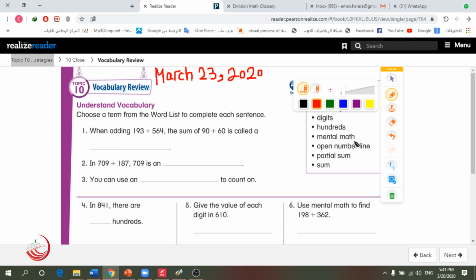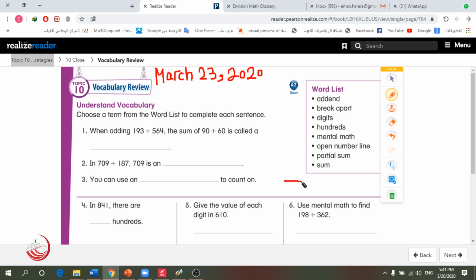Now, mental math. Mental math means when I'm using my mind to break apart the small numbers and the big numbers, to break the big numbers and make them small numbers to add in my mind. So what do we call it? Mental math. What about open number line?